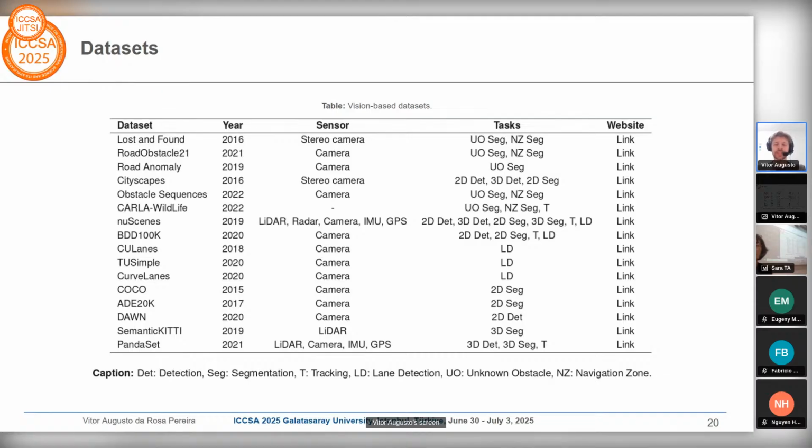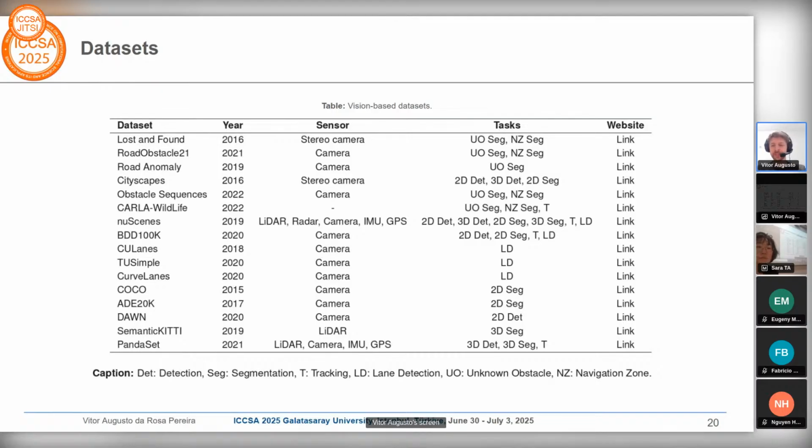Some datasets are specific for some tasks, for example, CULane, TuSimple, and CurveLanes for lane detection, and also 2D segmentation with COCO and ADE20K datasets.